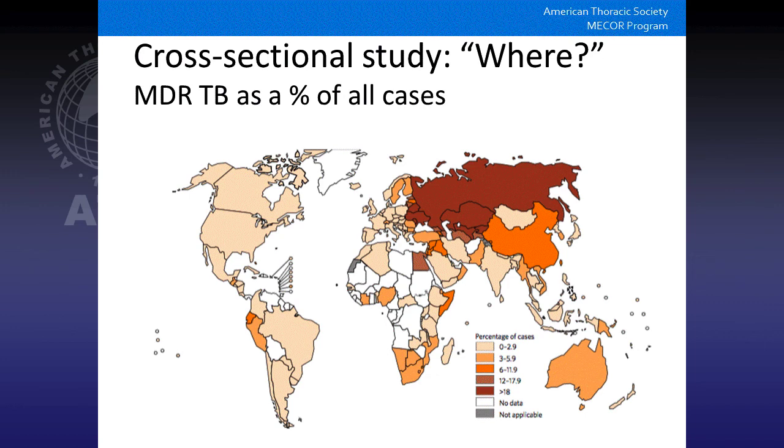And we can see from this very obviously that Russia and the states of the former Soviet Union have a very dark brown color. It's very common among TB cases for the case to involve MDR. Whereas in North America, we can see that it's a very light color. MDR cases correspondingly are a much lower percentage of all TB cases.